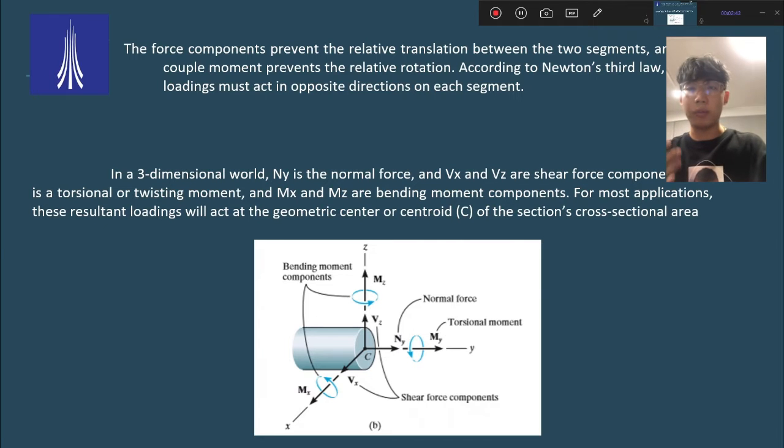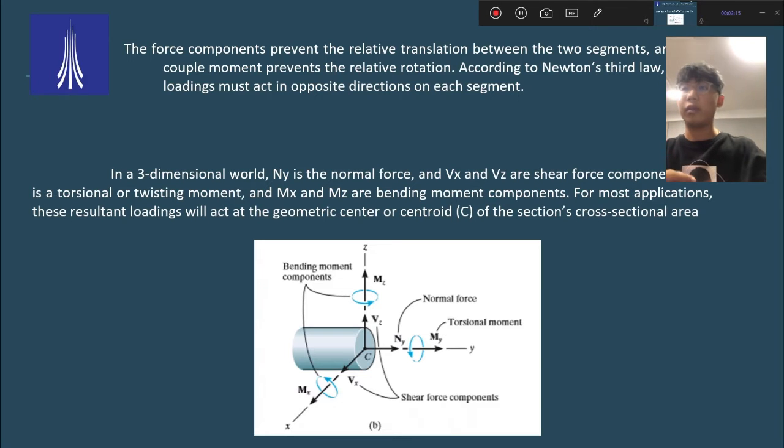Moving on to a different idea, we are going to talk about the three-dimensional world. Ny is the normal force in the vertical direction. Vx and Vz are the shear force components, and we have to keep in mind that N is perpendicular to the cross section, and the shear force is tangential to the cross section.